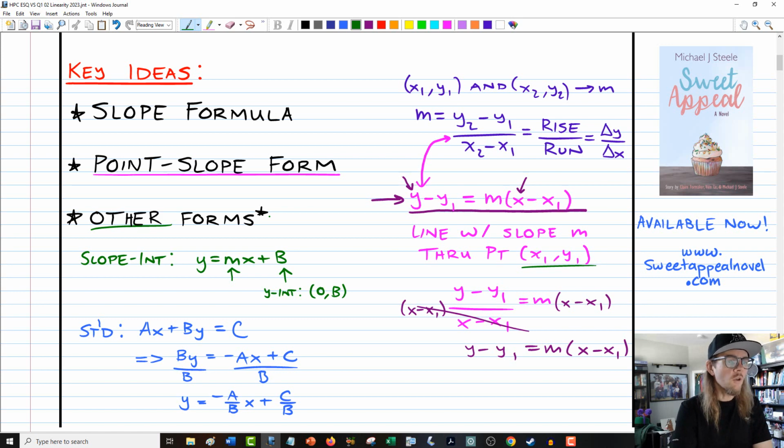We talked about the point slope form equation and also really where that comes from, like how it comes directly out of the slope formula. And then last but not least, we introduced you to those other forms that linear equations in 2 dimensions will take, not because they're in this problem set or in this ESQ, but because it's valuable to know what the other options are so you don't get them potentially confused.